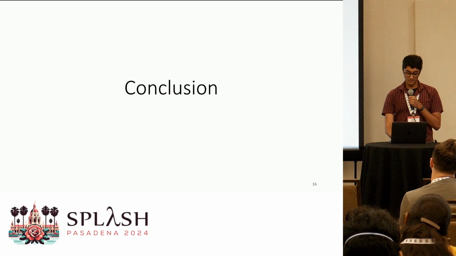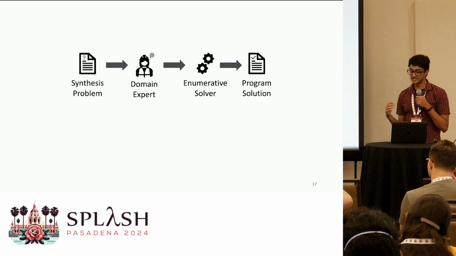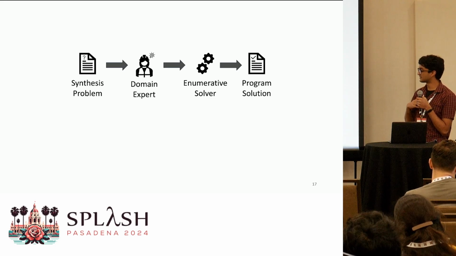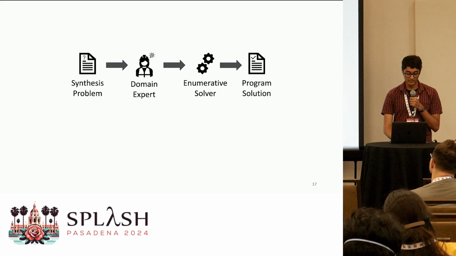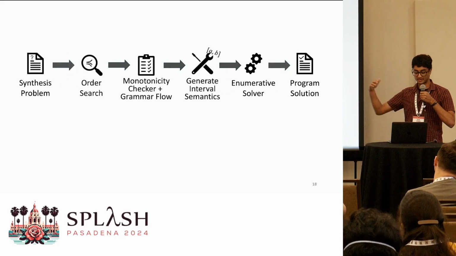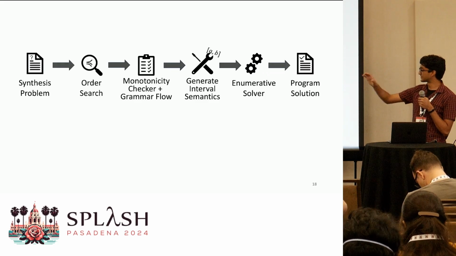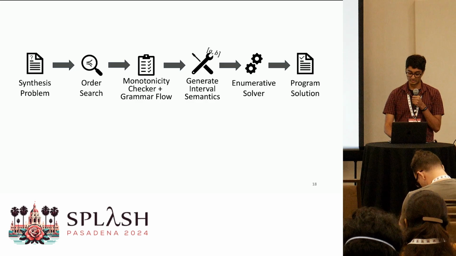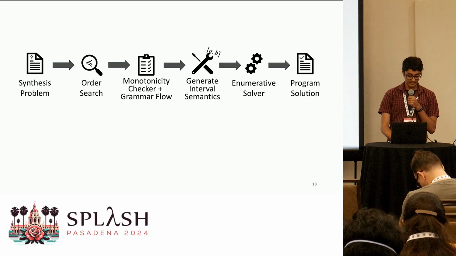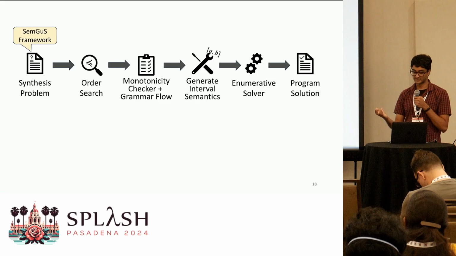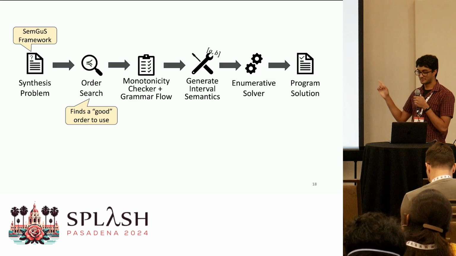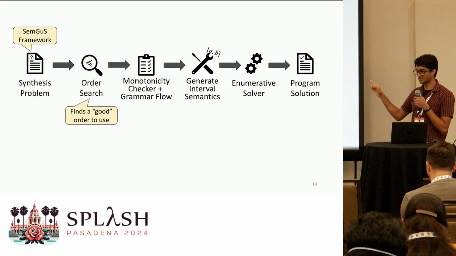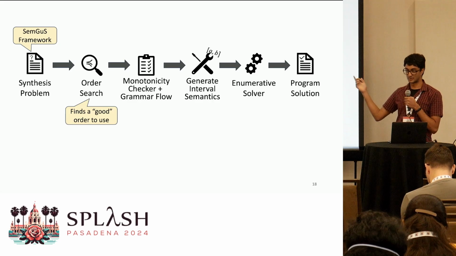OK, so in conclusion, we started with this pipeline for the domain-specific solvers, and we replaced the domain expert with this new pipeline that is able to automate the process for a large number of domains. So to recap, we start with the synthesis problem that is defined in the SemGuS framework. I unfortunately didn't have time to talk about this in my talk, but the definition of monotonicity inherently requires an order.